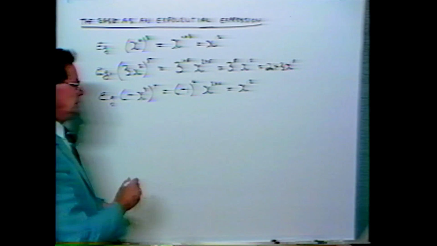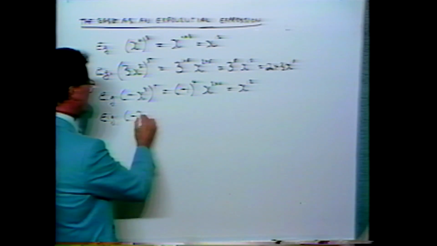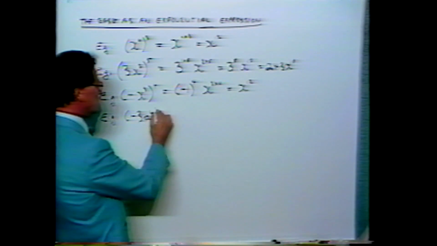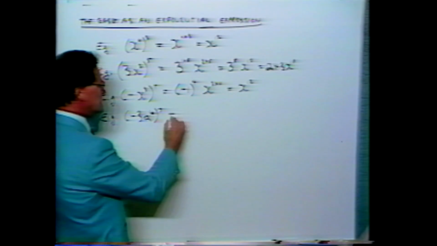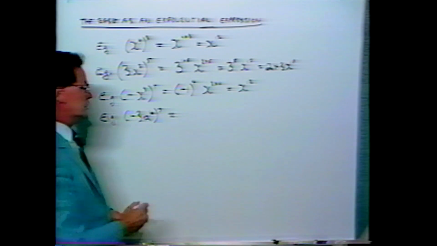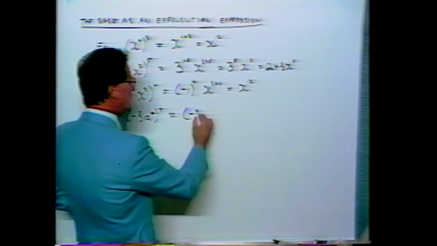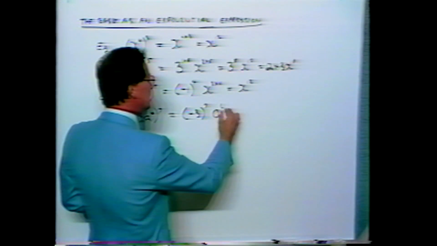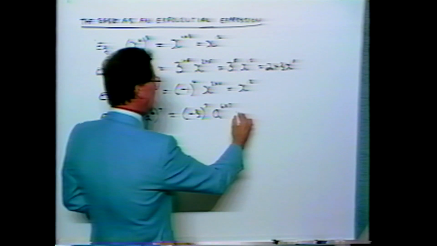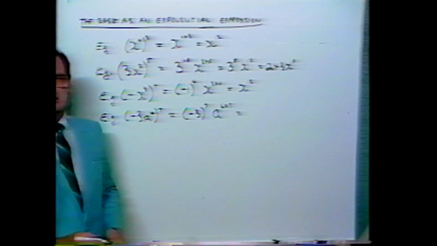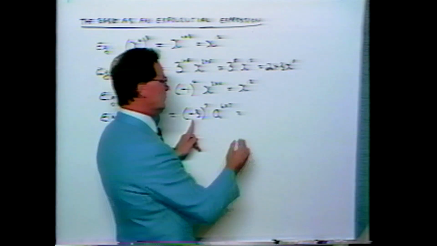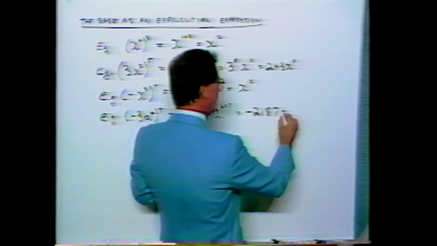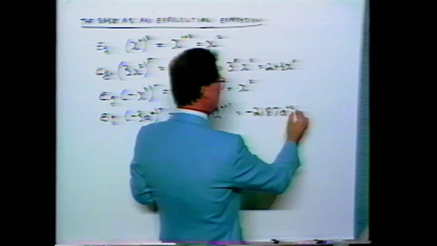Another example, negative 3a to the 6th raised again to the 7th. This is equal to negative 3 to the 7th followed by a to the 6th times 7, and this is equal to negative 2,187 a to the 42nd.